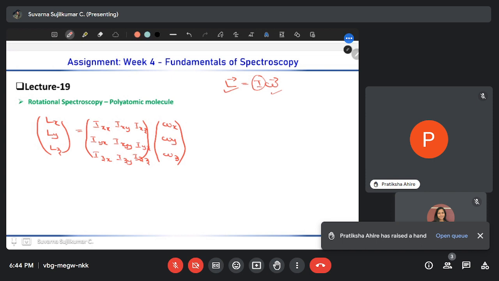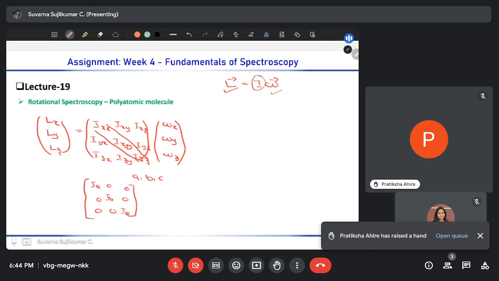Right. So these off diagonal elements of moment of inertia, we can write in terms of the principal axes of inertia, which are A, B, and C. Okay, let's do that. IA, IB, and IC, with other matrix elements 0. This is IC. Okay.